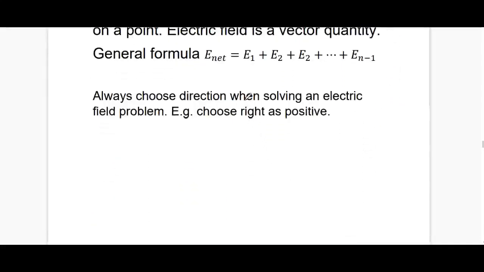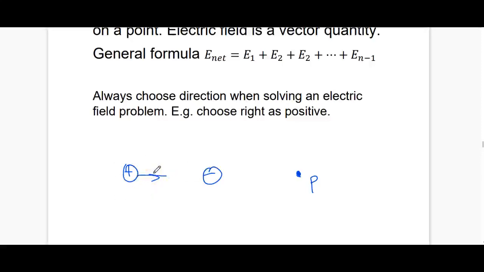And now, always choose a direction when solving an electric field problem. Okay, so for example, I have a positive charge here, I have a negative charge here, and then I have point P. What do we know? When I'm at point P, if I focus on this positive one, I know that the field lines of this positive one go outwards.